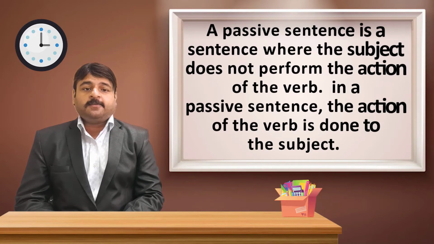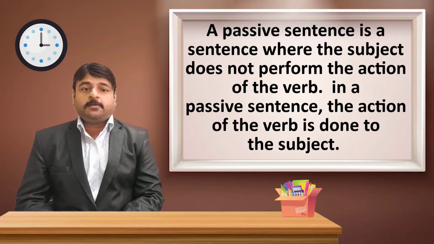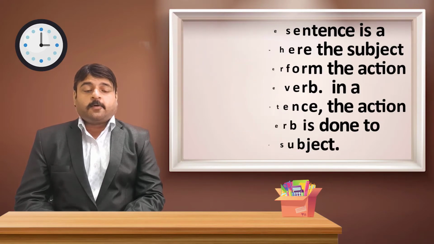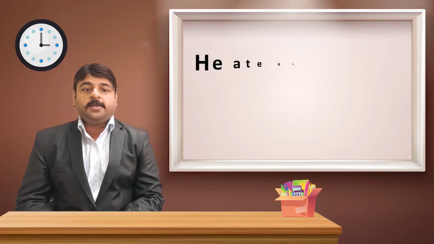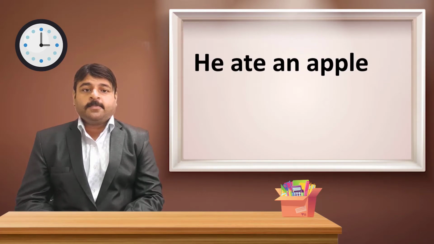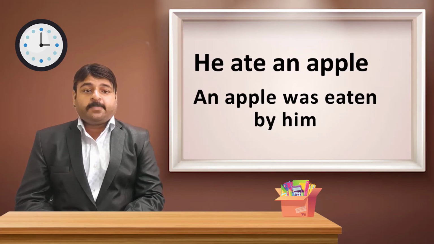A passive sentence is a sentence where the subject or the active part of the sentence moves towards the back. For example, the subject becomes the object and the object comes in front. For example, he ate an apple, or an apple was eaten by him.